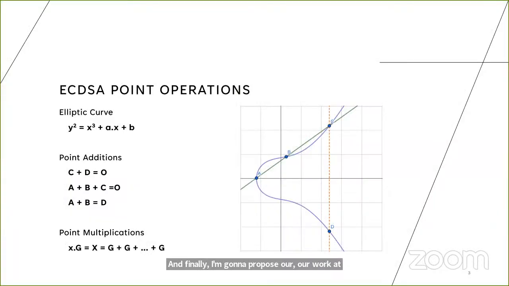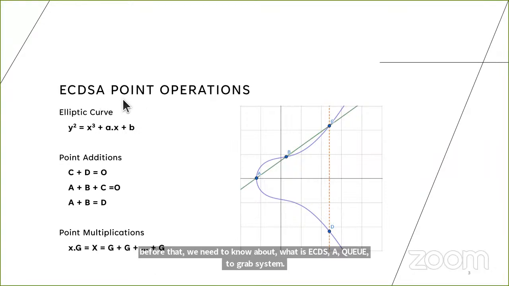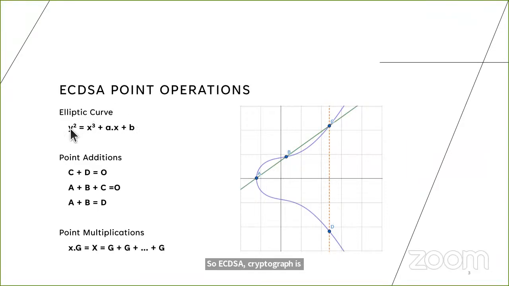So first of all, I'm gonna review a little bit about ECDSA cryptography. Before that, we need to know what the ECDSA cryptography system is. ECDSA cryptography is based on elliptic curves with this formula: y² = x³ + ax + b, where a and b are coefficients that will be configured by the ECDSA cryptography system.